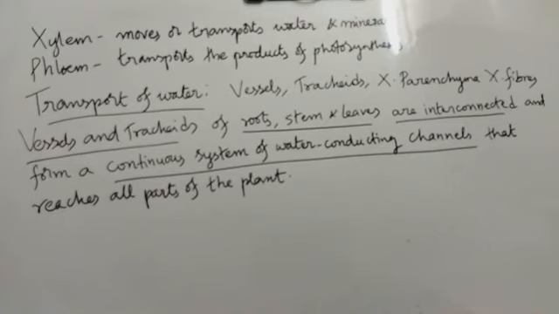So, how is this system going to work? Point by point, let us learn. Roots are the soil contacting organs. At roots, cells which are in contact with soil take up ions by active transport method.